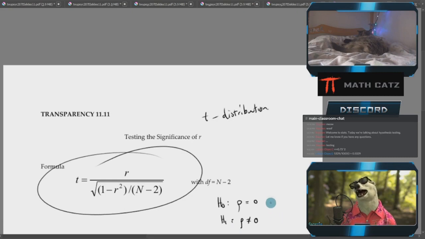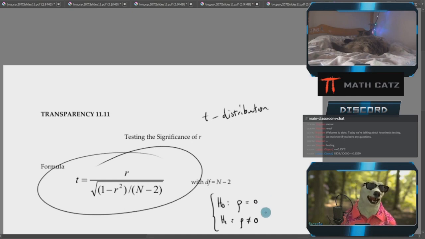And we're asking, is the evidence in our correlation coefficient R strong enough to suggest that the true correlation is not 0? That these variables are in fact related to each other. Remember, a 0 correlation means they are not related in any way.